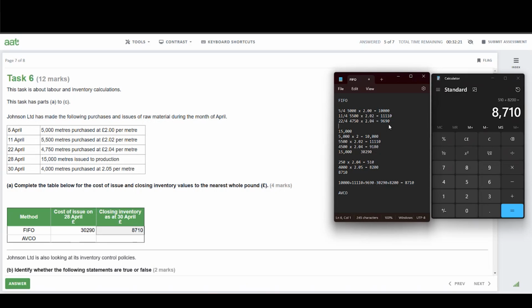All we need to do is total that. Let's just copy that. 10,000, add 11,110, add 9,690. So that tells us the value of what we'd received before the issues were made.